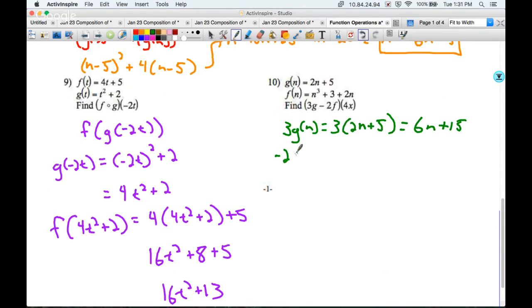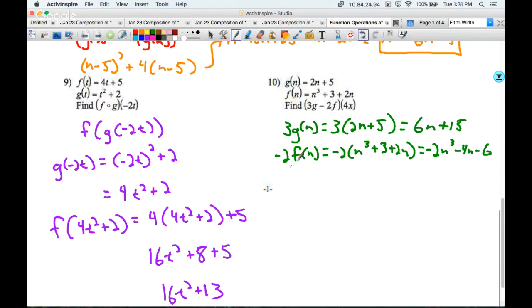Likewise, negative 2f of n is we're going to take this expression here and multiply everything by negative 2. And we're going to get negative 2n cubed minus 4n minus 6. All right, now I'm going to combine those two.